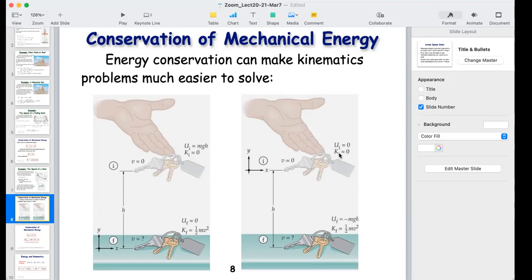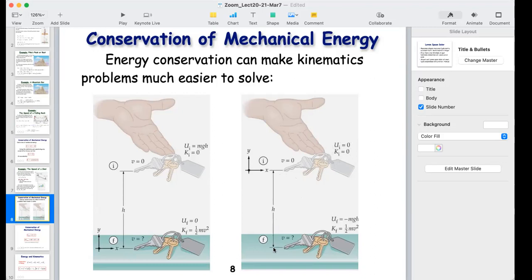While in this case, if we move the axis up here, we have a kinetic energy equal to 0 and a potential energy also equal to 0. So we have 0 initial energy.